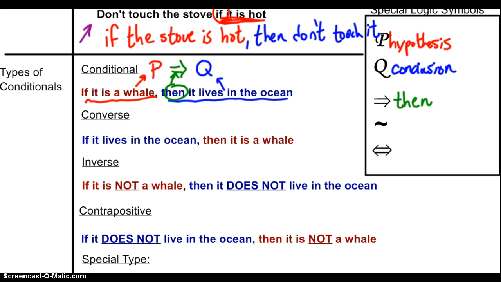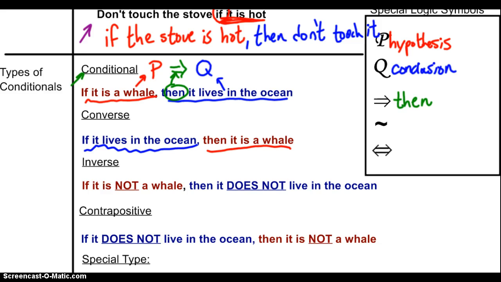Okay, and why would we bother writing down this kind of shorthand? Well, it helps us see what a converse, inverse, and contrapositive are. A converse takes the original conditional statement and switches the hypothesis and the conclusion. So instead of if it's a whale, then it lives in the ocean, the converse reads if it lives in the ocean, then it is a whale. It's switching that hypothesis and the conclusion.